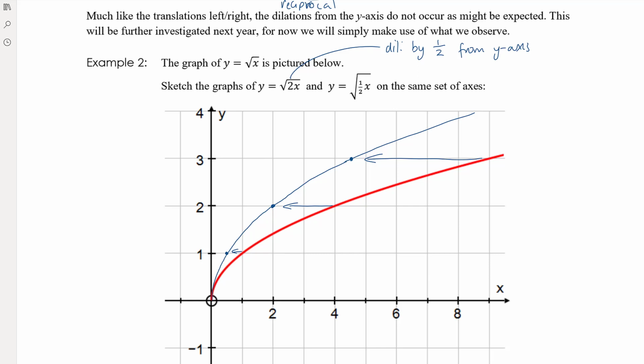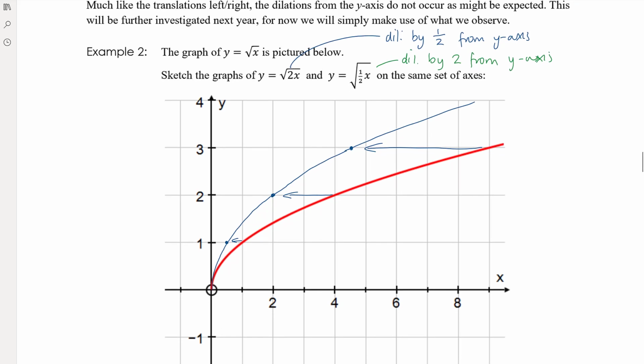If we're looking at y equals the square root of half x, which we could also write as square root of x on 2, that's a dilation by the reciprocal of half, which is 2, from the y-axis. So that's going to stretch the graph away from the y-axis. All the x coordinates are going to get doubled. So the point at 1, 1 goes to 2, 1. The point at 4, 2 goes to 8, 2. I might put a few others in.